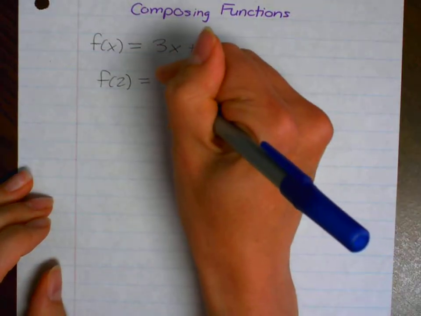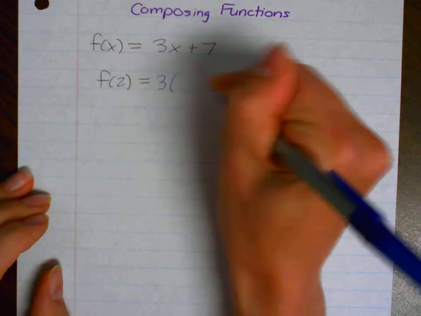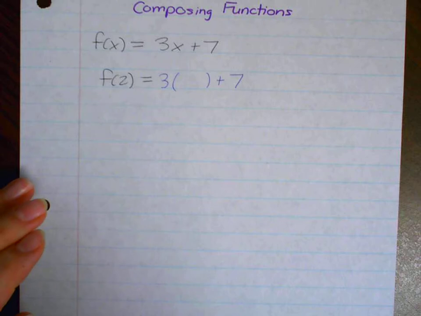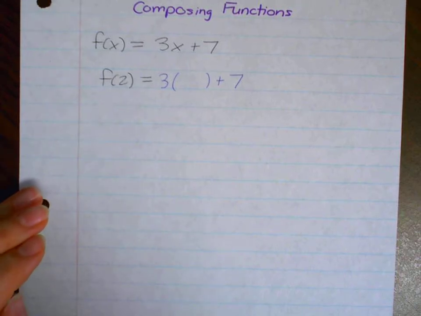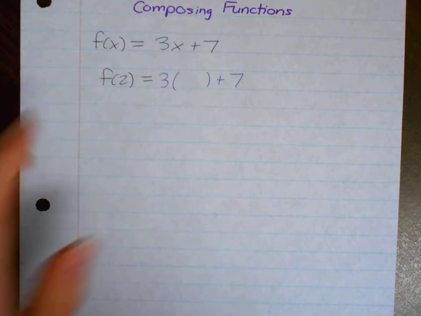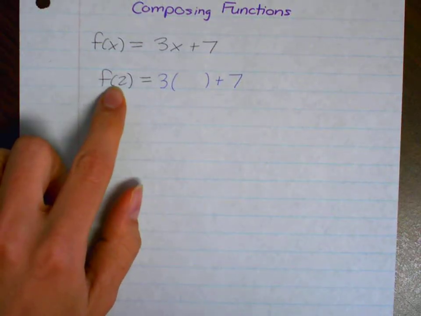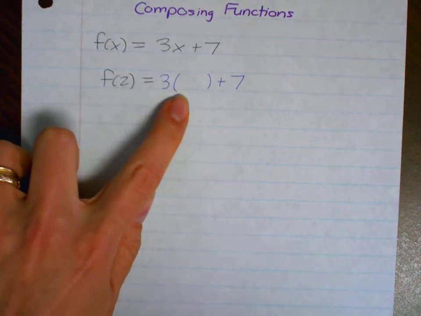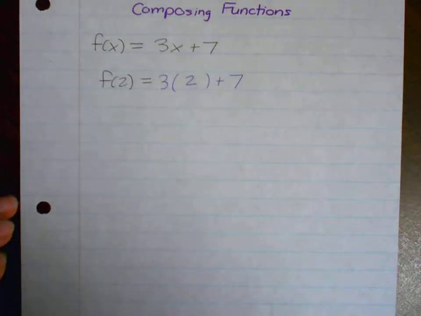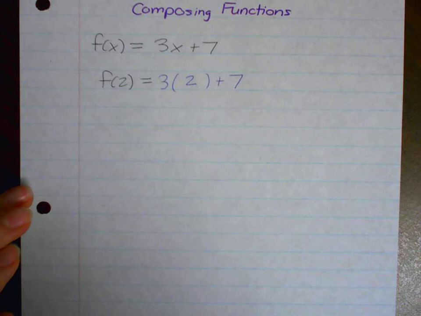I think it helps to start by rewriting your function and leave parentheses where the x was. We are taking out the x and replacing it with 2. So I can see the 2's in parentheses here, and I have empty parentheses here. That's where the 2 is going to go. And remember, we always substitute with parentheses.